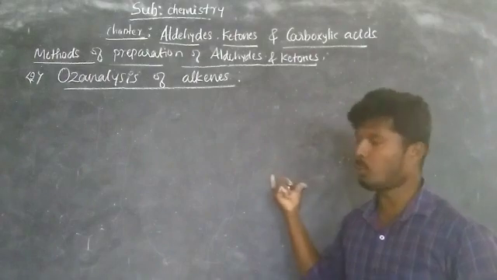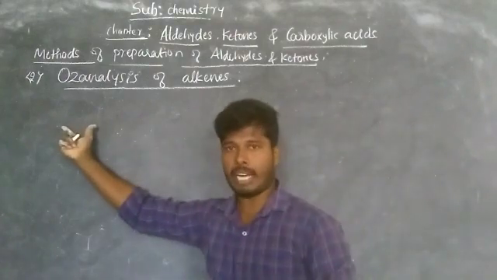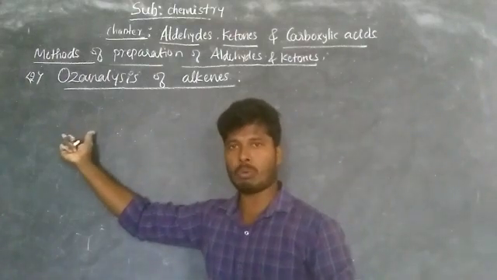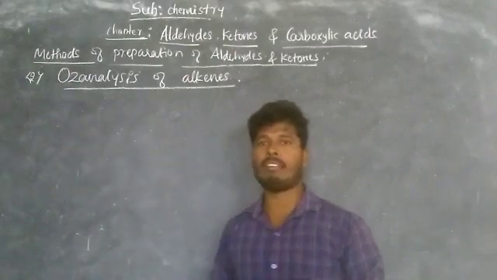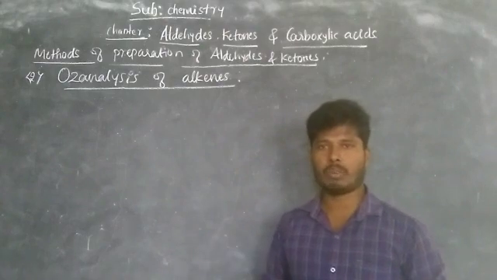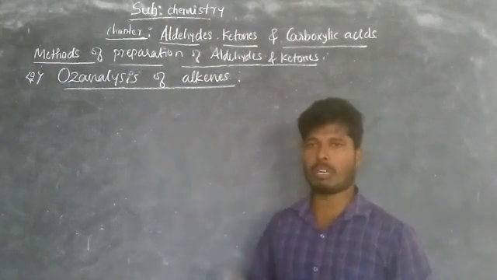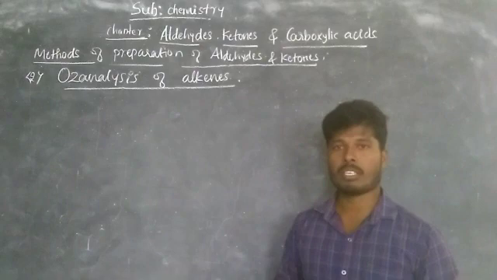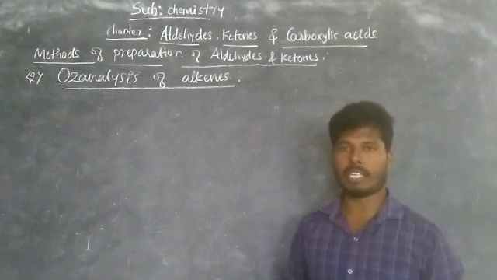That depends only on what type of alkene we take in the beginning. That process we call ozonolysis of alkenes to prepare aldehydes and ketones.